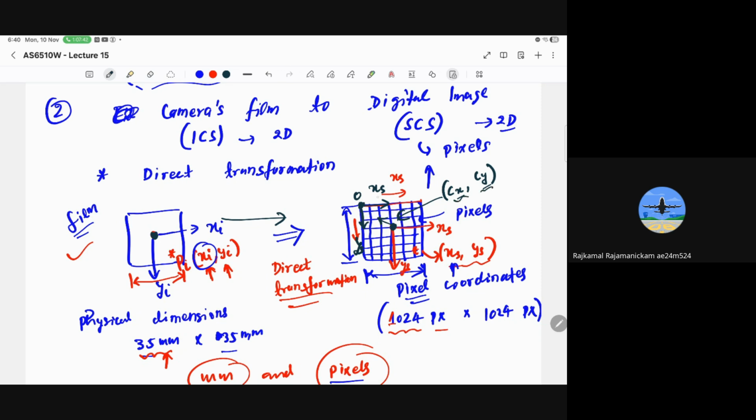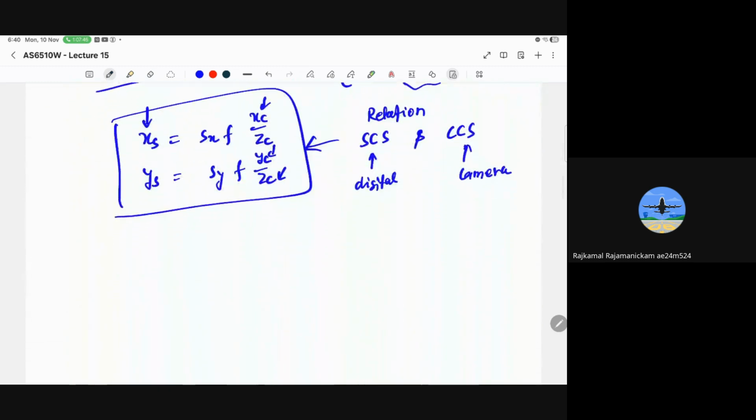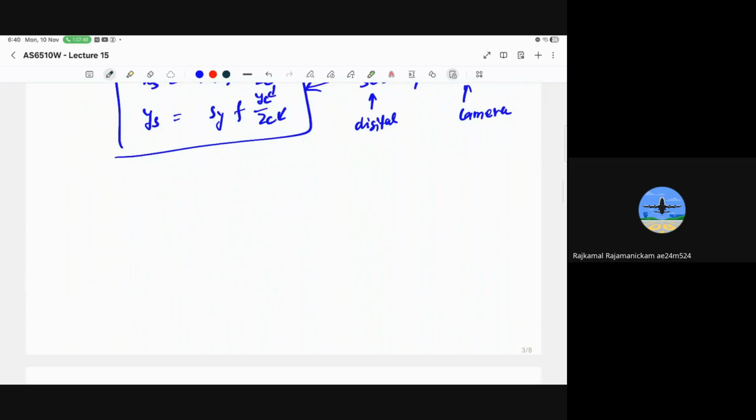Let me write it and then it will be easier to understand. This is your digital image. If you have your origin here, xs and ys, this is the point, and this is the point with coordinates cx and cy.